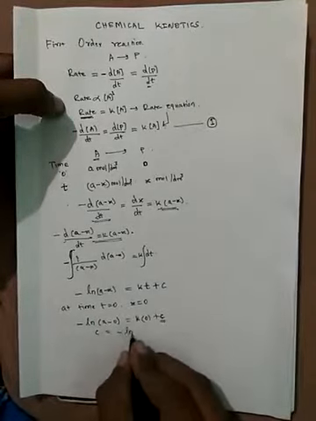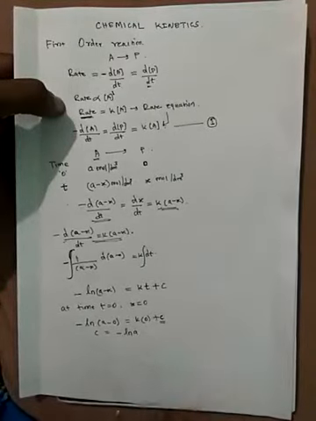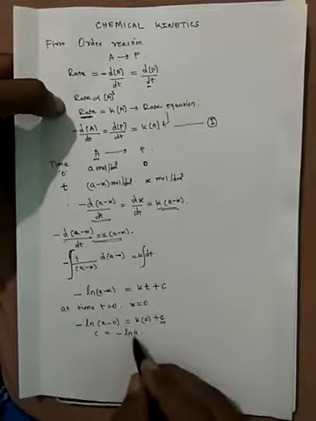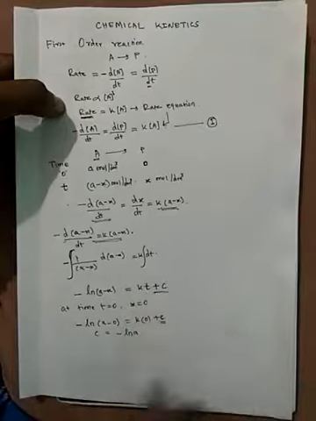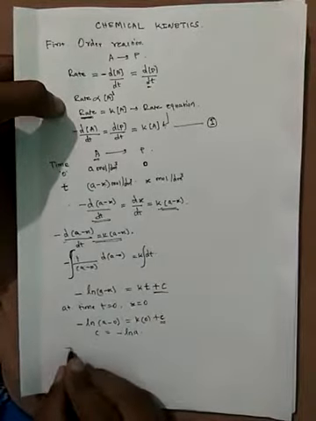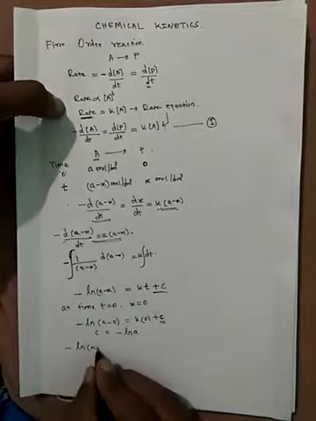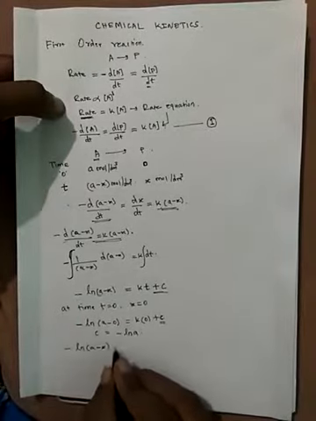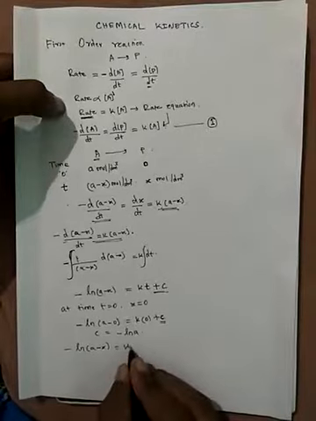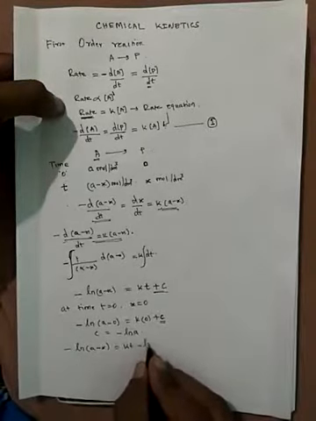I'll get logarithm A. You substitute in this equation, I'll get minus logarithm A minus X equal to KT minus logarithm A.